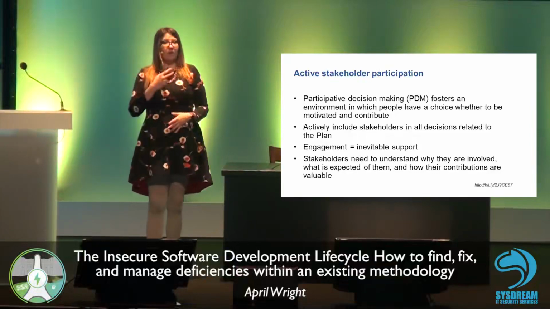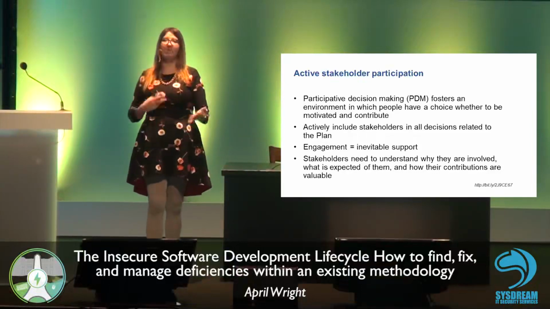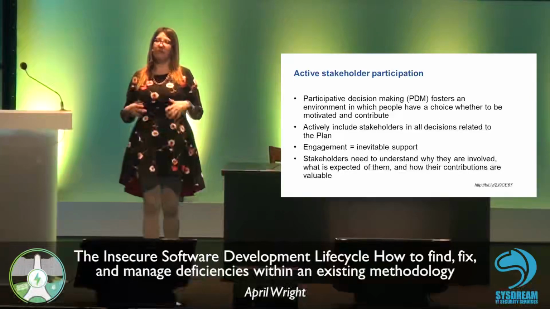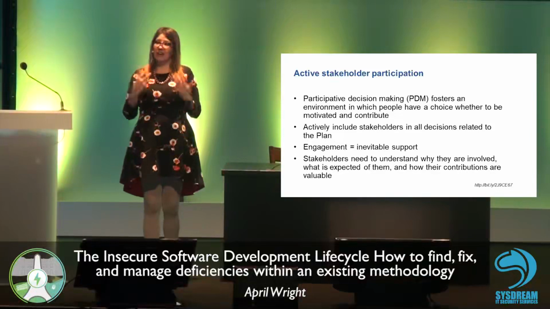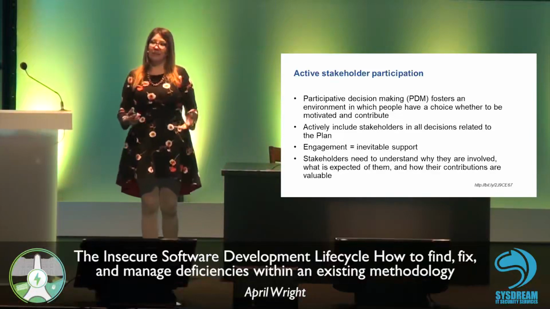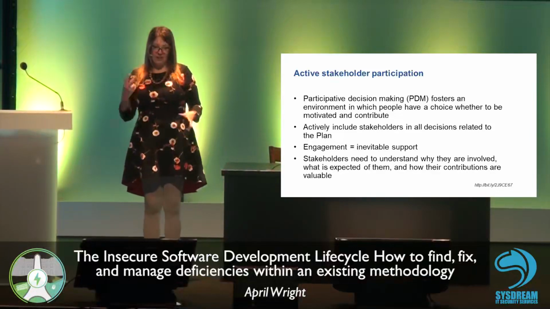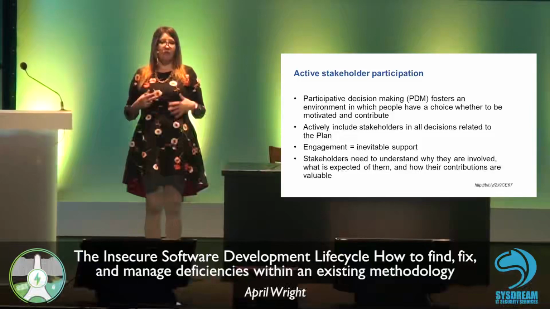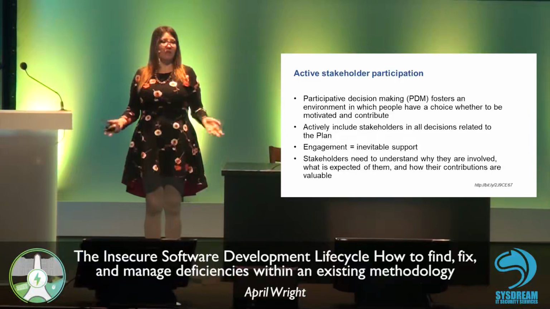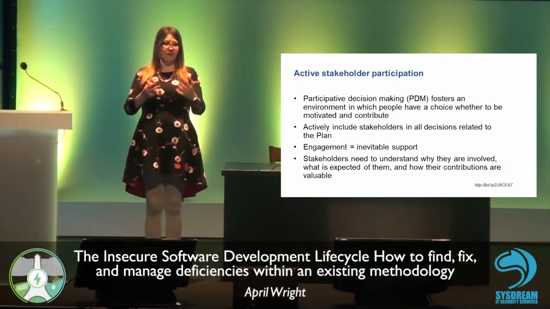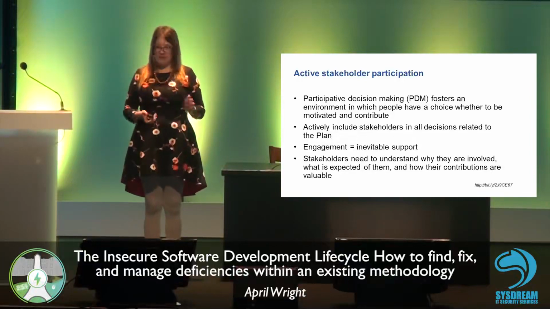So when we can get people giving their opinions, making suggestions, giving input and trying to make the process better, then they are going to help us more than they normally would if we were just to leave them out or give them a set of requirements and not involve them in that process.